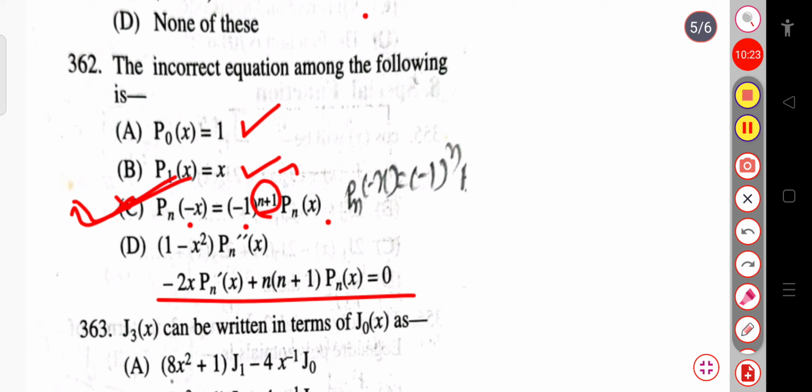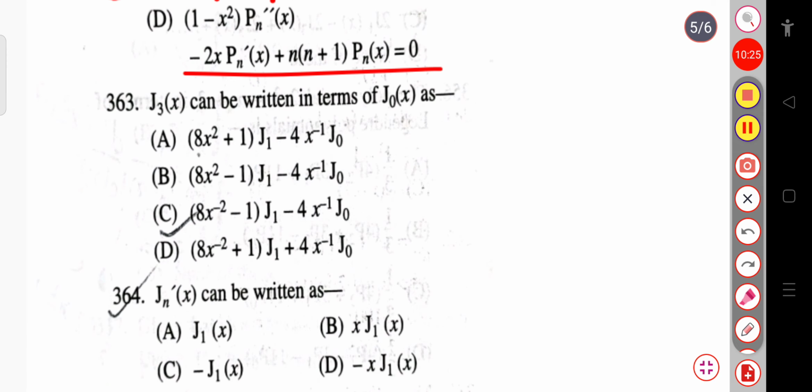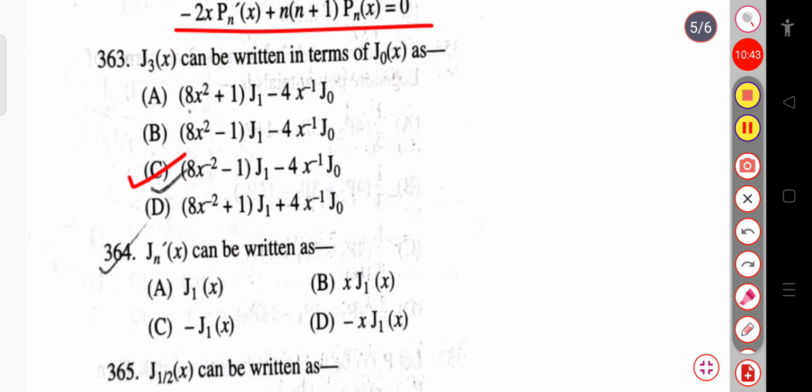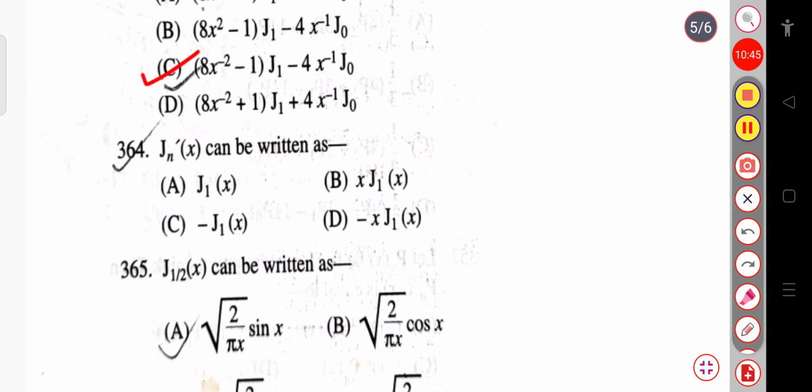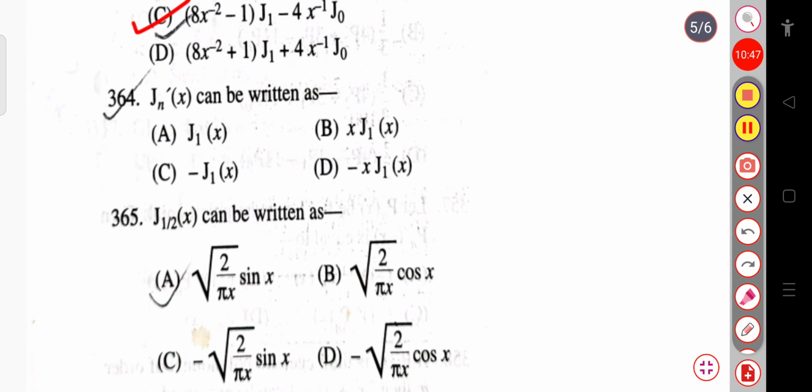Then the next question is, J3 of x can be written in terms of J0 of x as, so you can calculate. The answer will be 8x power minus 2 minus 1 whole into J1 minus 4x power minus 1 into J0. Then the next question is, this is your Jn of x, the Bessel function. Then the next question is Jn prime of x, which can be written as minus J1 of x.